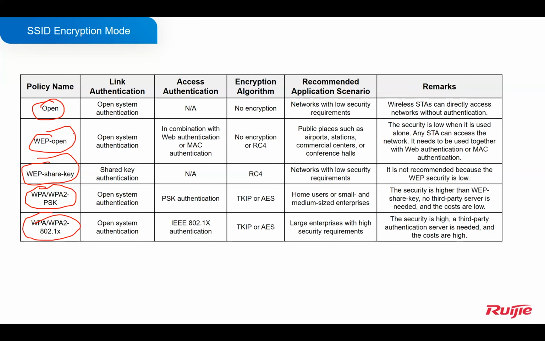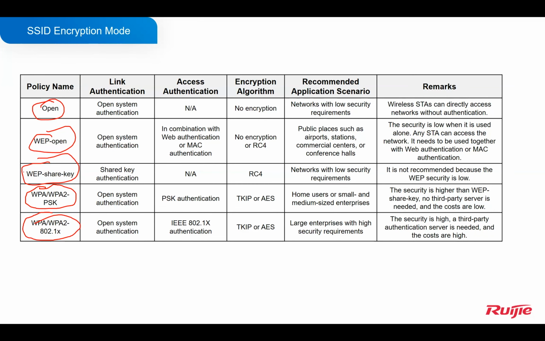Open and WEP open is not safe, but it's suitable for some places, like public places, for example, the airport and the stations. For these places, we don't need encryption. Customers can access the network easily, and they don't need to type any password or username information to access our wireless network.